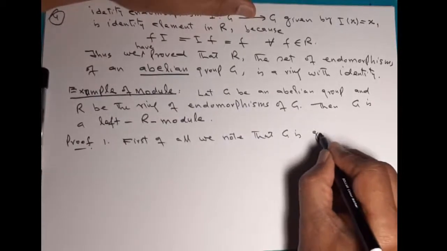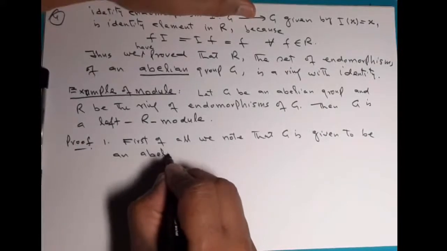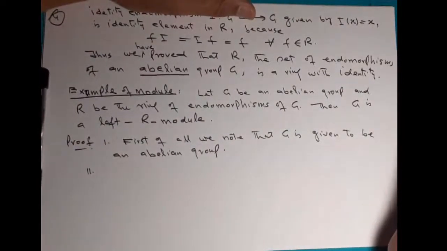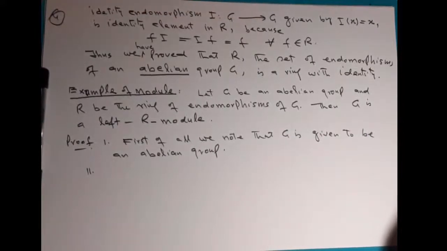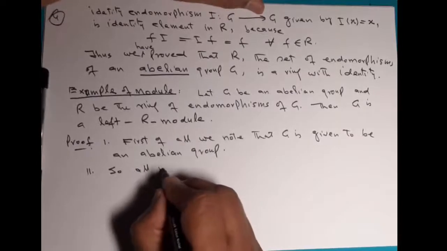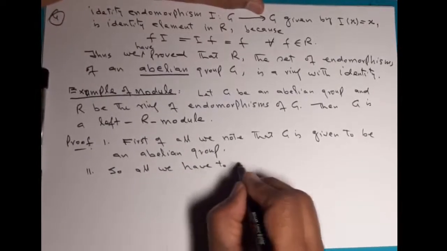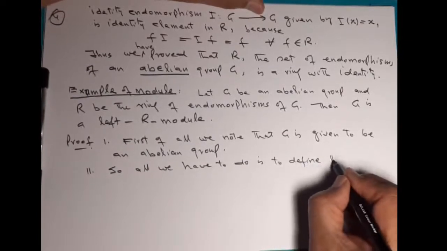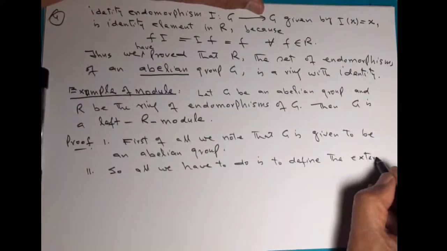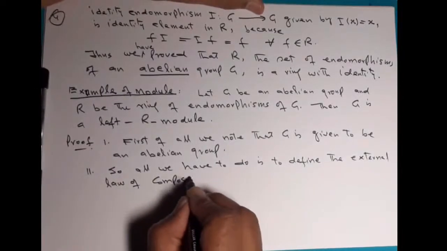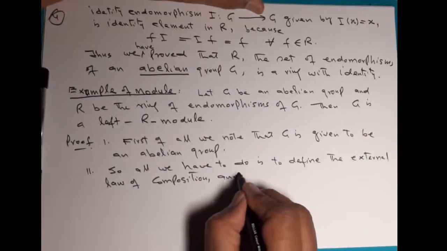So all we have to do is define an external law of composition, or scalar multiplication, and see that the conditions are satisfied.